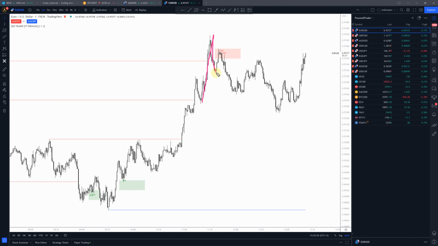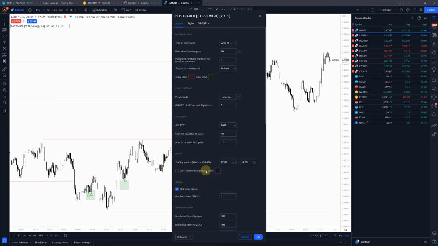And then let's go to another section of this indicator, and I will try to go much faster here. There is a session, and session works for alerts and visibility. So you could draw your session backgrounds, and because some people are in different time zones, I'm in UTC+2, but a lot of people are in New York time zones and other time zones also.